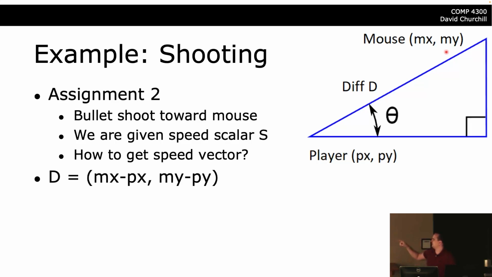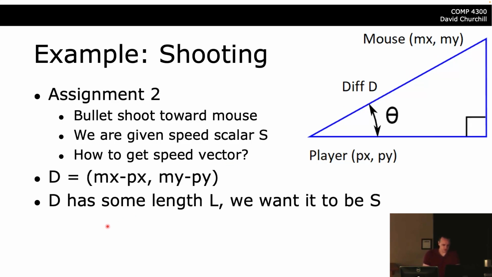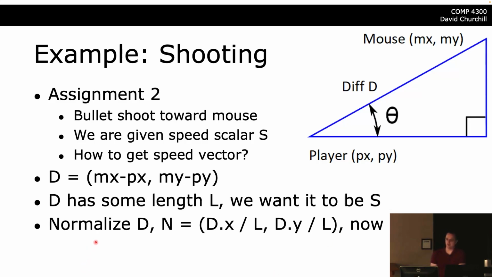So now what we have to do is we have to take this d and scale it so that the speed is what we want. So d has some length L, but we want it to be s, right? So we want to take that same vector, keep the angle, but change the magnitude. So we're going to normalize it first. So we take its length and divide x and y by the length to normalize it.